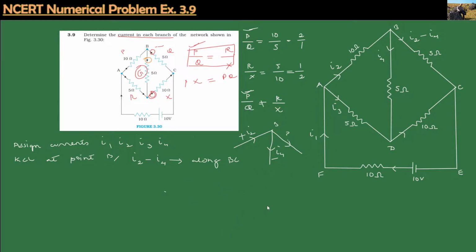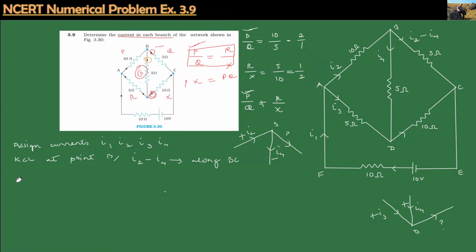Similarly, at point D, current I3 enters point D, and this current I4 also approaches point D. Both these currents will be taken as positive according to the convention. So the current across the branch DC will be the addition of I3 and I4.